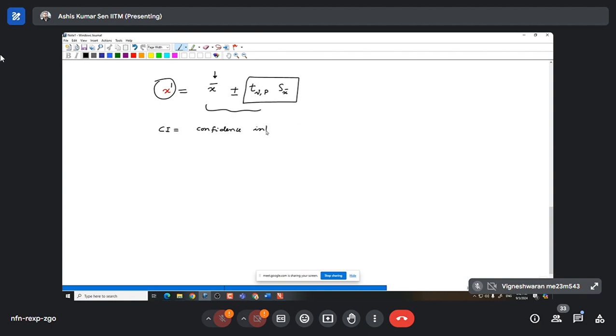What is the confidence interval? We have this data. Let's say this is your true mean, and you have these limits. This is plus t mu p sx bar, and this is minus t mu p sx bar.